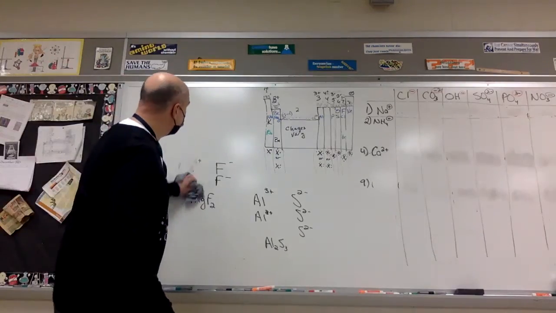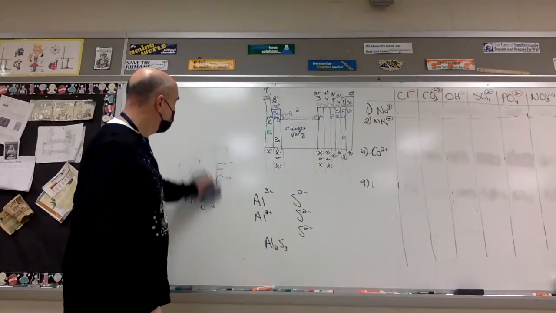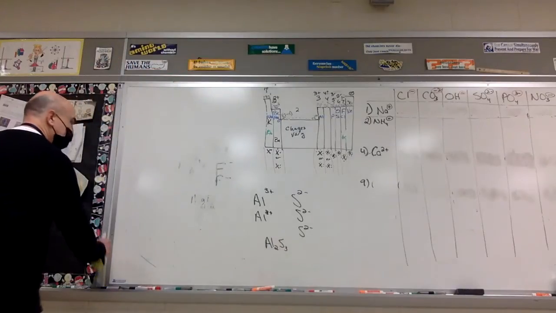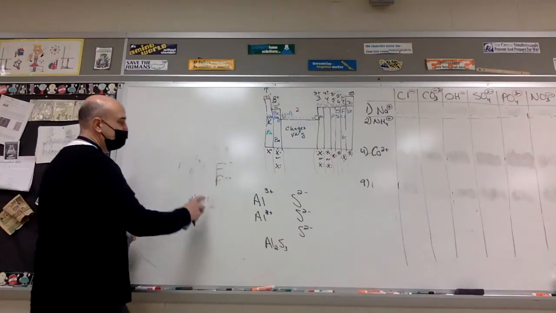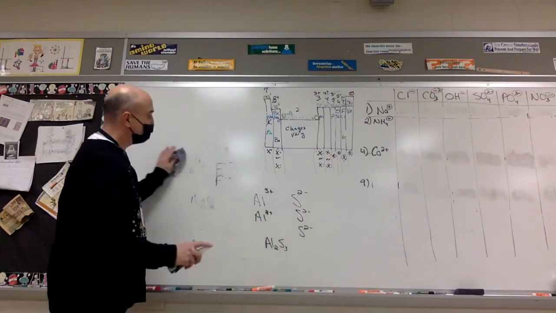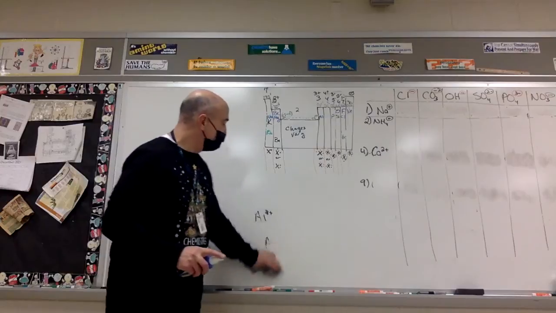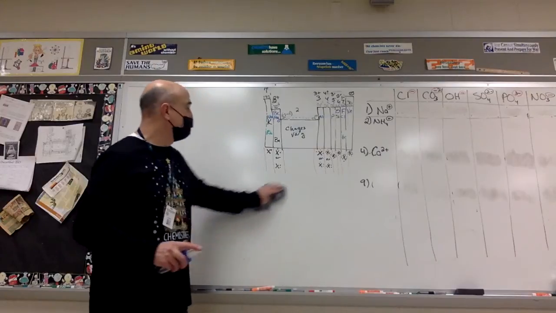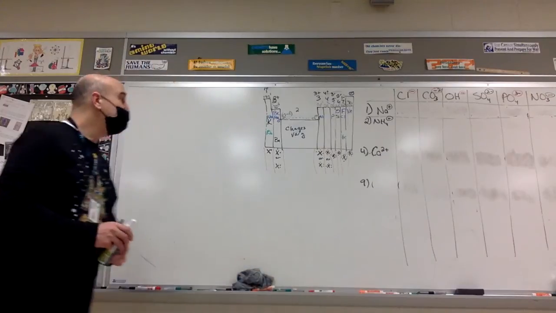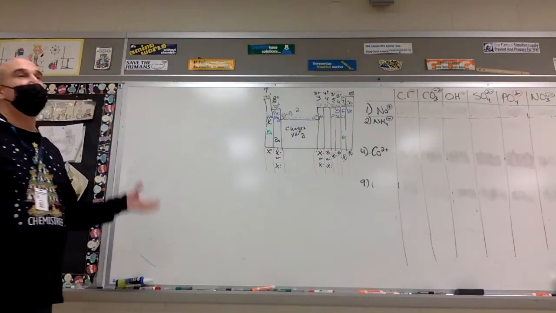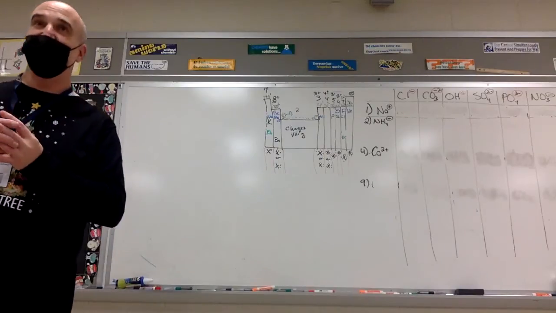But there's also ions called polyatomic ions. What does poly mean? What does the prefix poly mean? Many, right? Or at least more than one, but many, right? So there's some ions that are made up of groups of atoms, okay?